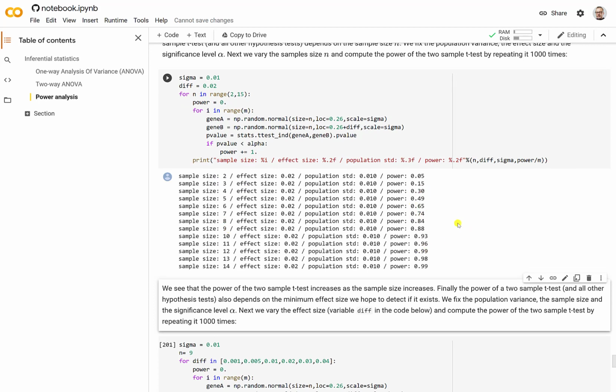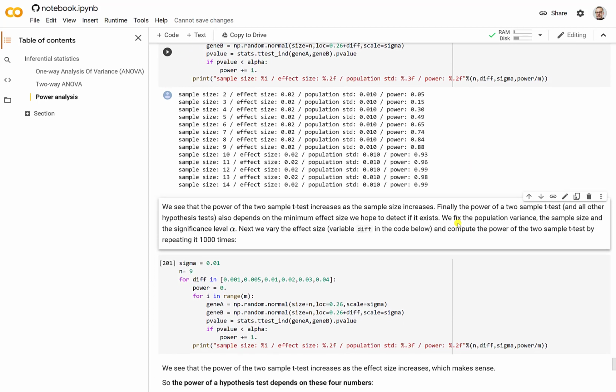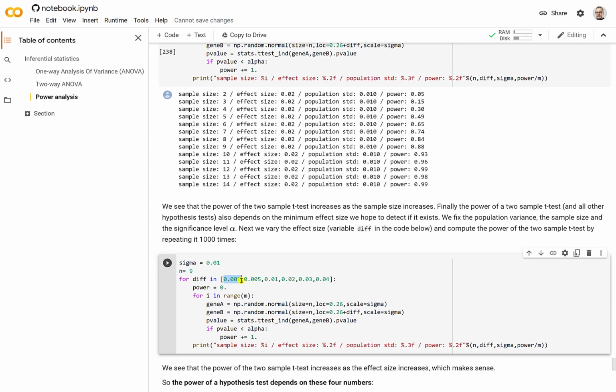Okay, and now we can add to that, of course, we can now fix both sample size and variance, but we're now going to vary the effect size, right? So we're going to vary that from a very small effect size. We want to see a very small difference and be able to call it significant. And we're going to go up to a much bigger effect size, right?